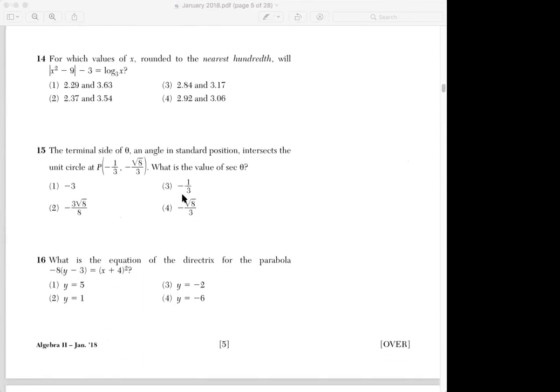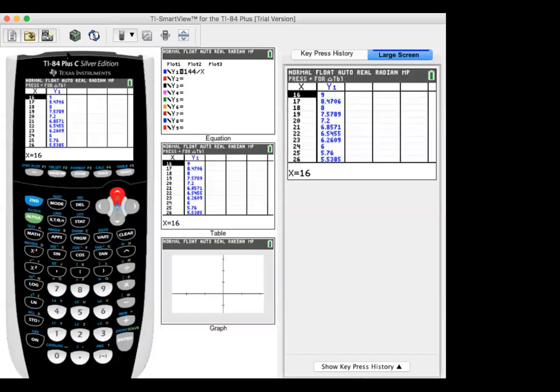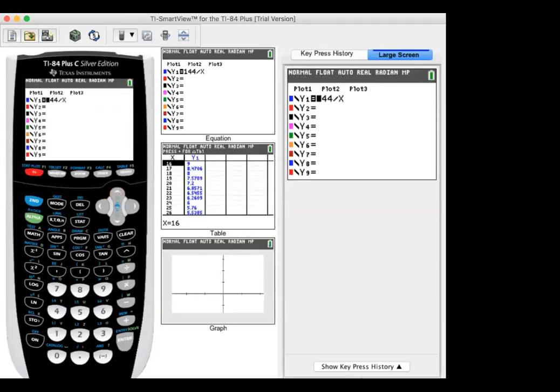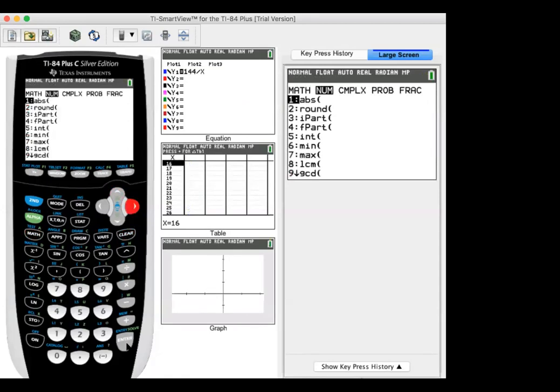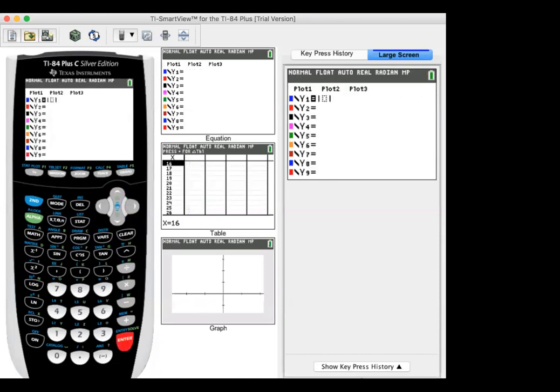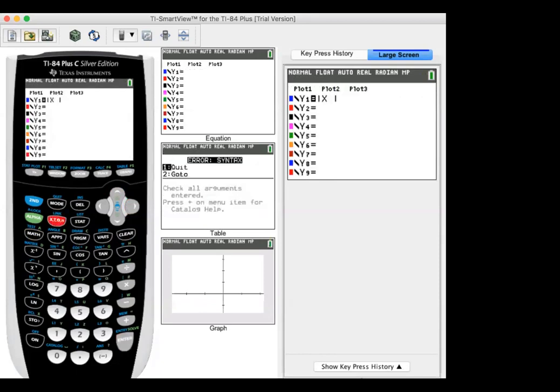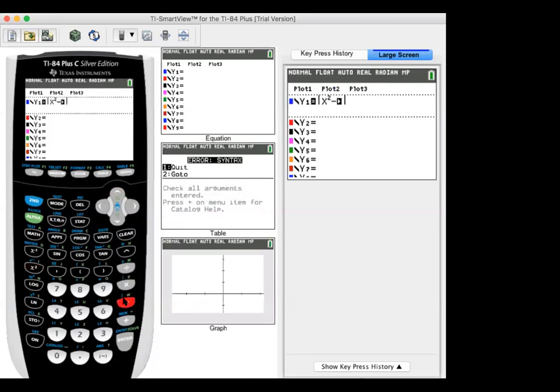Not going to do this. 14. You should hope that you see something like this. You just use the calculator and find their intersection. I'll do it. New share. Okay. That was the absolute value. So you go to math, number, ABS, and it was x squared minus 9.